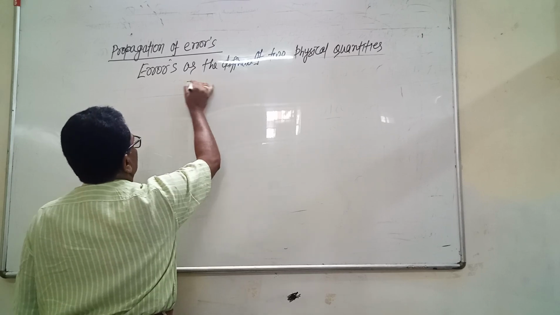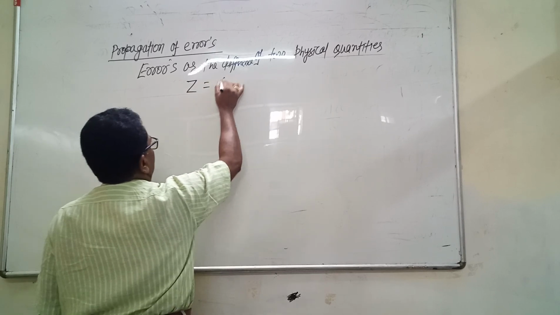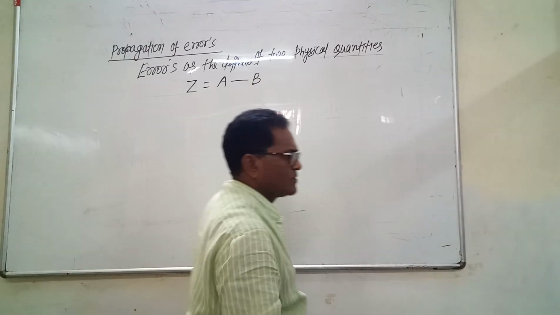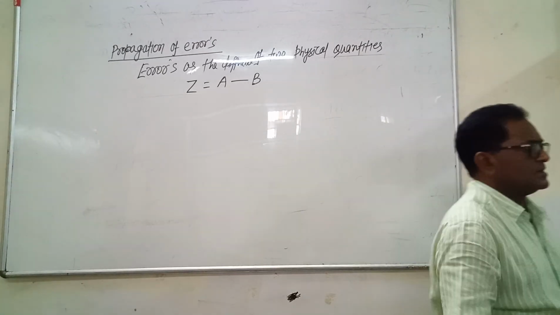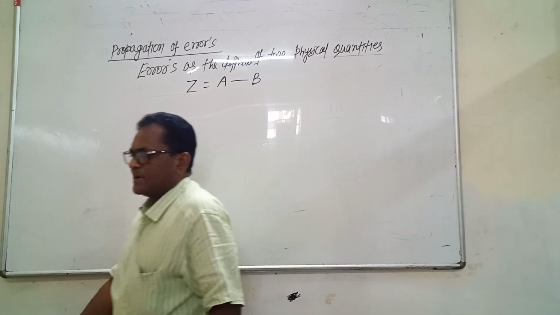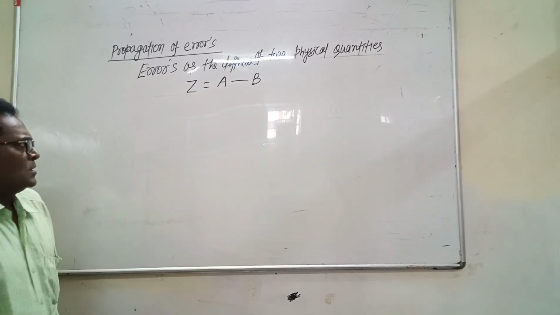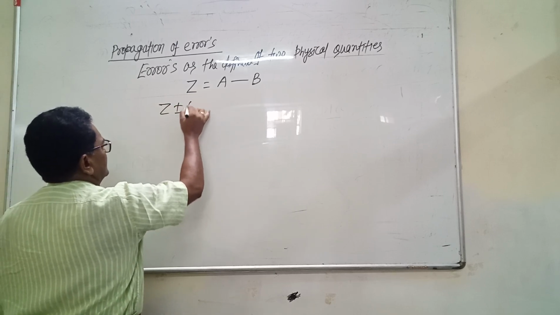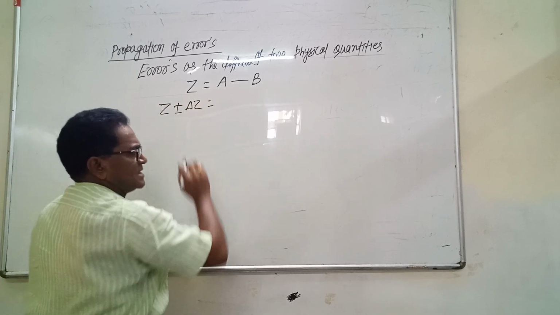Suppose two physical quantities are related as the difference. The relation between two physical quantities A and B is the relation of difference. So Z equals A minus B. Again we will write the error in Z. Z plus minus delta Z. Delta Z is the error.